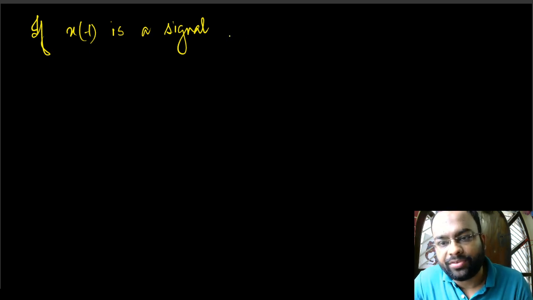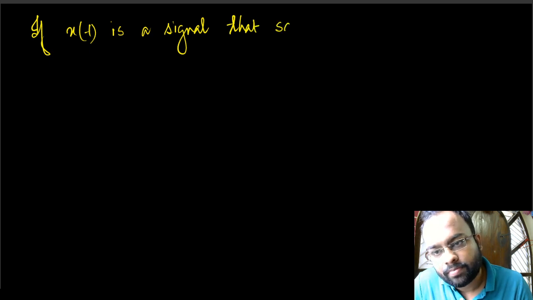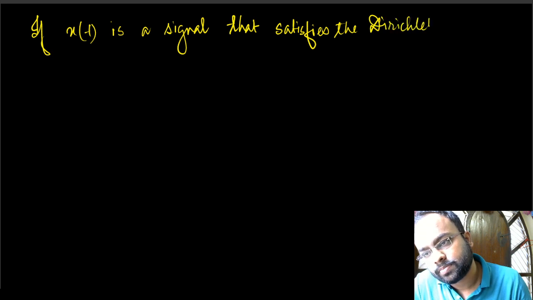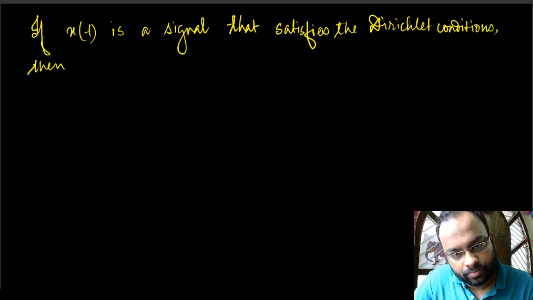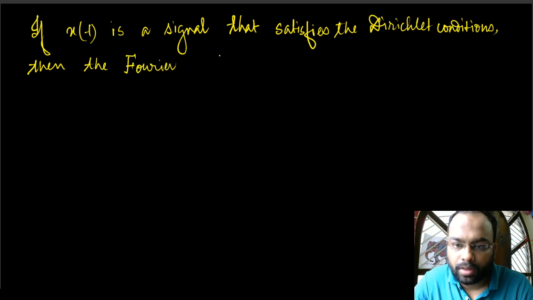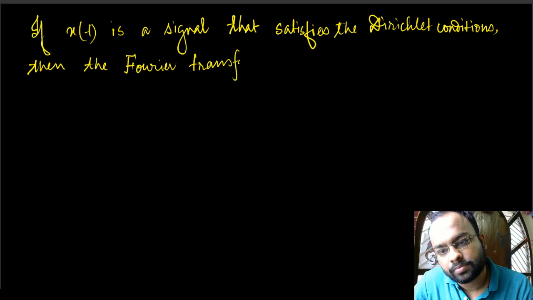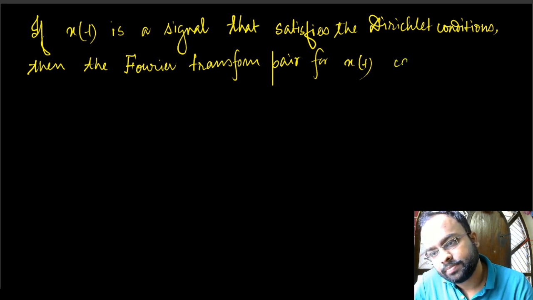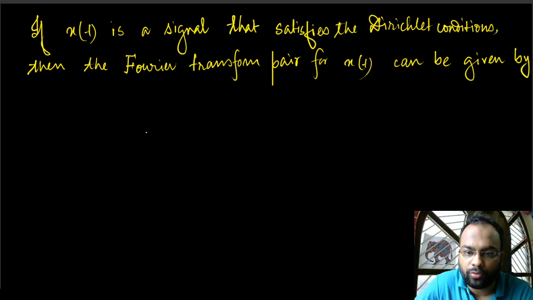But if x(t) is a signal that satisfies the Dirichlet conditions, then the Fourier transform pair for x(t) can be given by, so this is the expression for the Fourier transform.